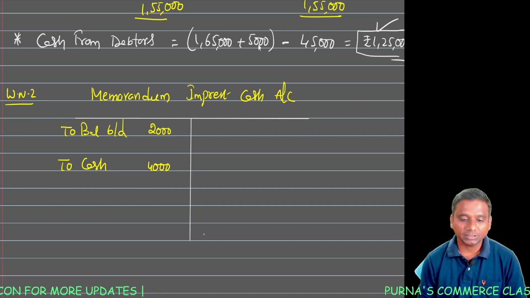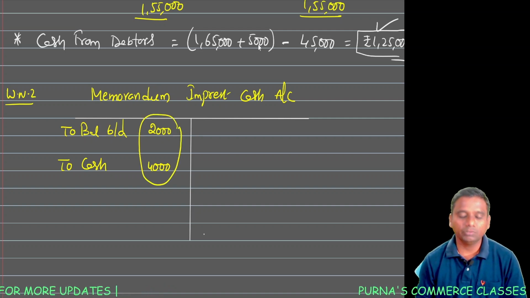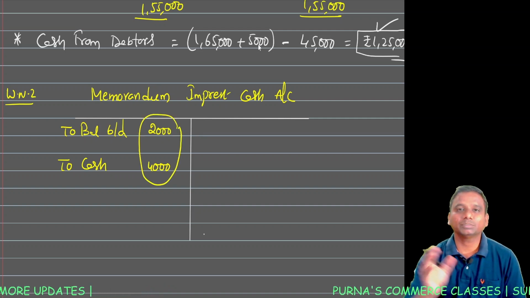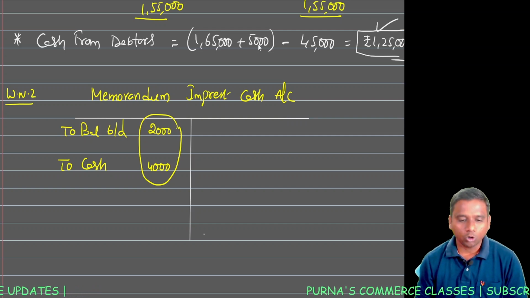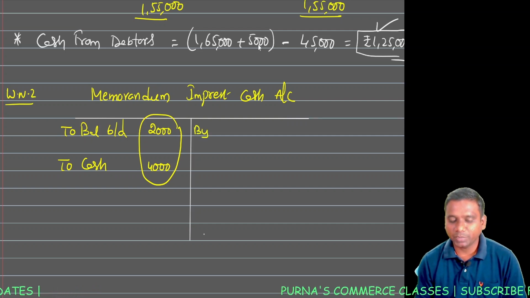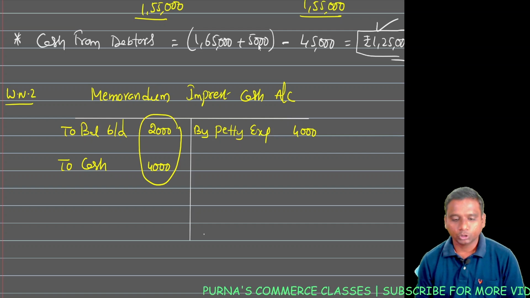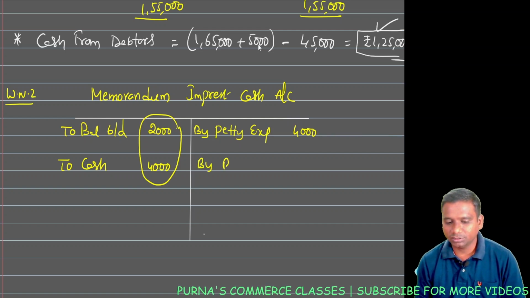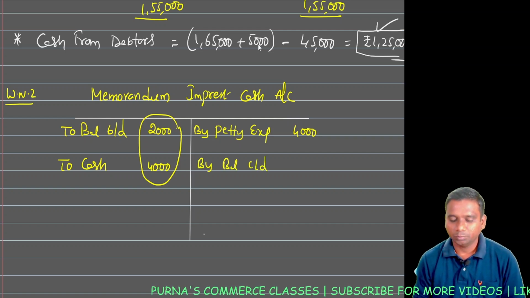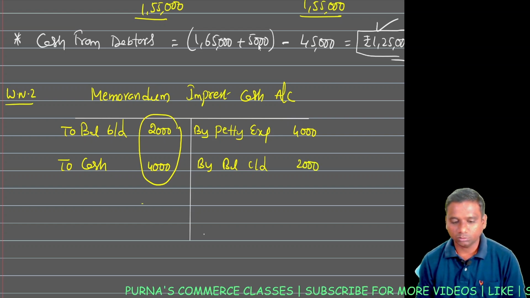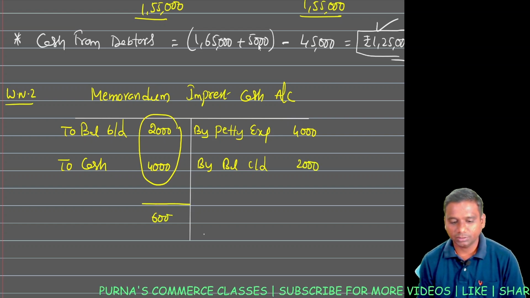Out of total cash available with the branch for petty expenses 6,000, how much did the branch pay as petty expenses? 4,000 rupees paid. So balance this account simply by balance c/d 2,000. That's it, students.